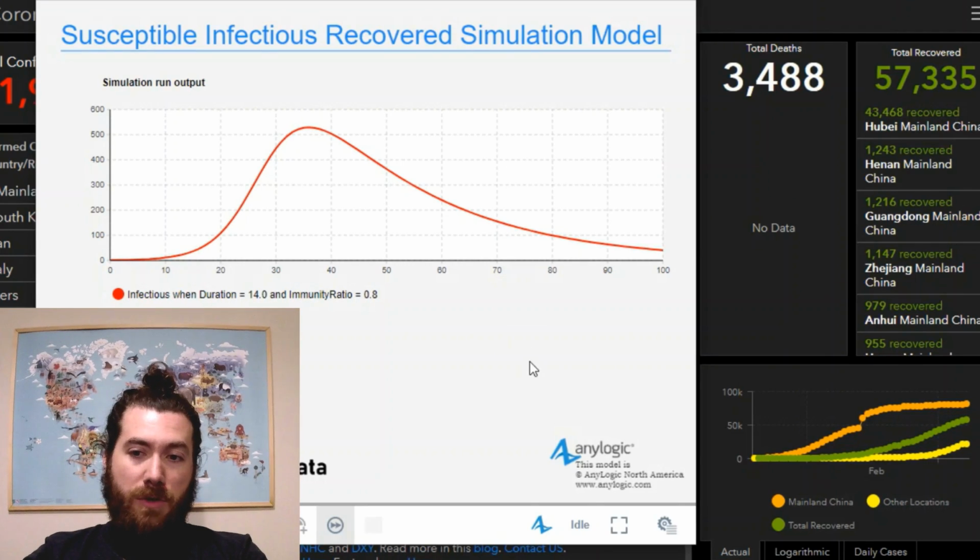You see that the curve has started to plateau already, but we don't really know. If the quarantine is not effective, then it might pick up and start to grow again. Currently it looks like in mainland China it has already been contained, and we should expect to see this decrease in the curve.